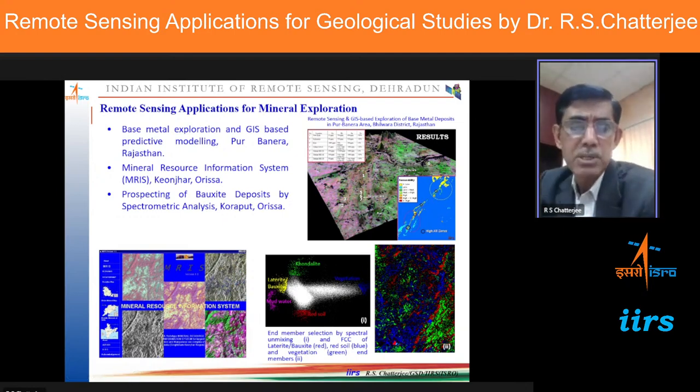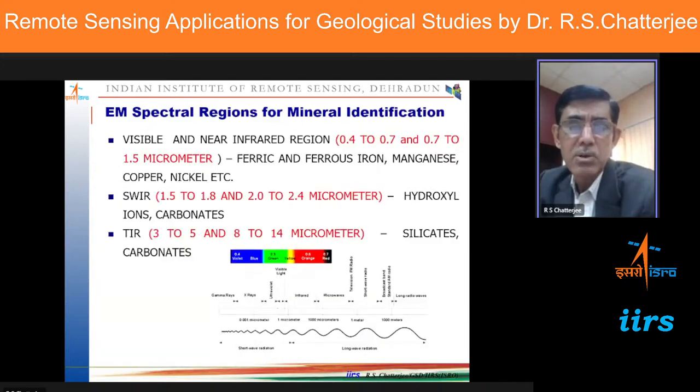Because in hyperspectral remote sensing, your sampling interval is narrower, around 10 to 15 nanometers, so the absorption peak can be picked up very nicely. Like you see in the case of optical remote sensing, visible and near infrared, 0.4 to 0.7 micrometers is the visible, and 0.7 to 1.5 micrometers is the near infrared region.